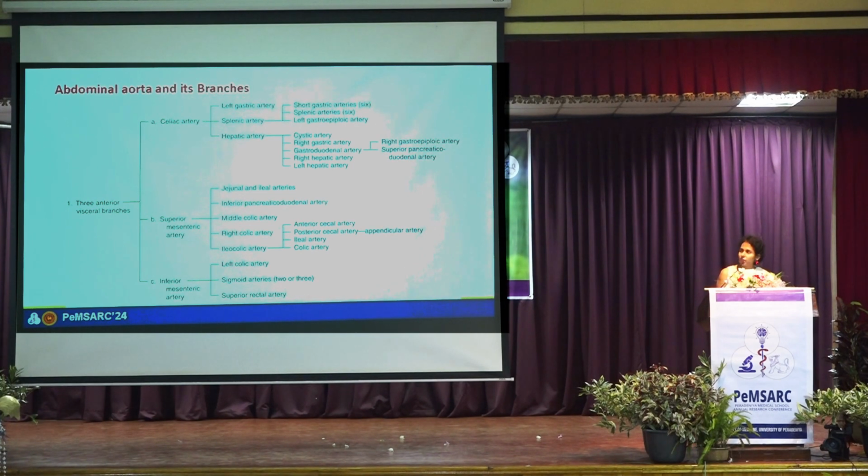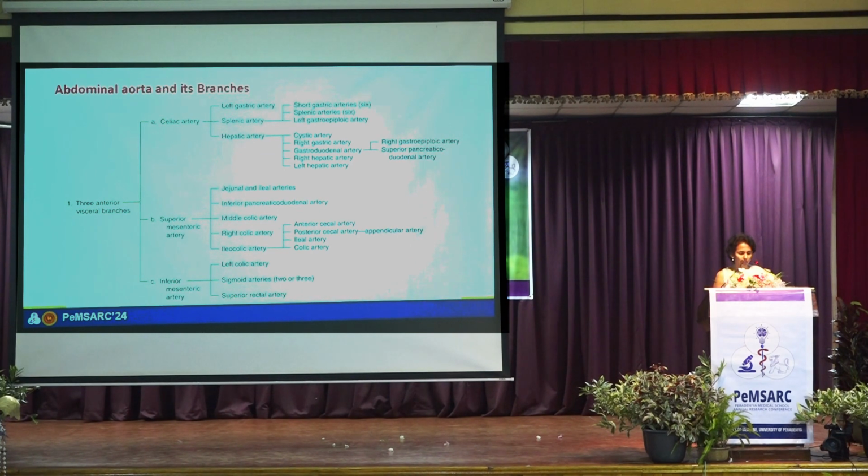As you can see in this graph, all these three arteries give off several branches, and those branches again give off other branches, supplying the parts of the gut and the alimentary canal and the other derivatives of the alimentary canal.